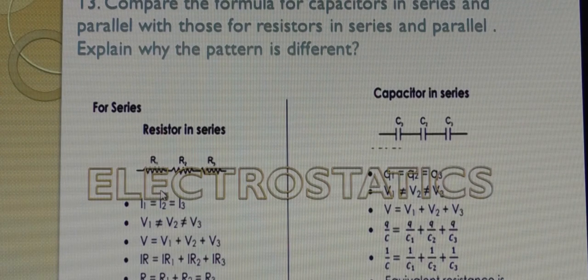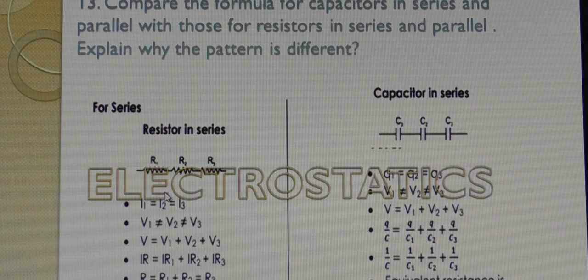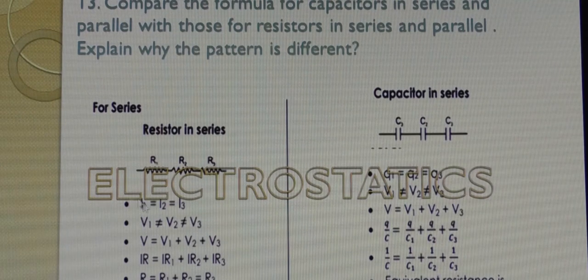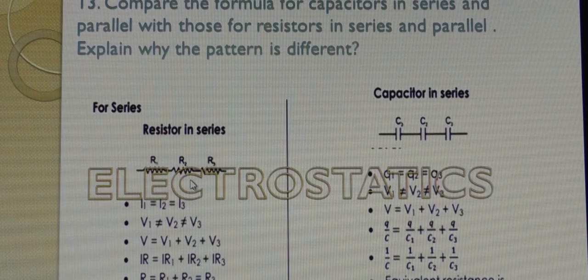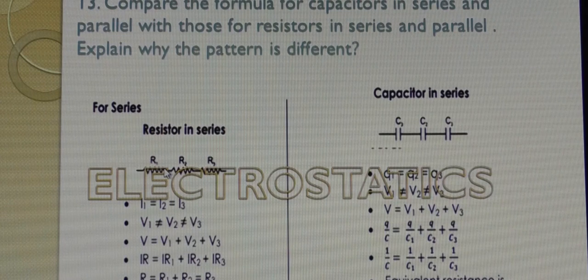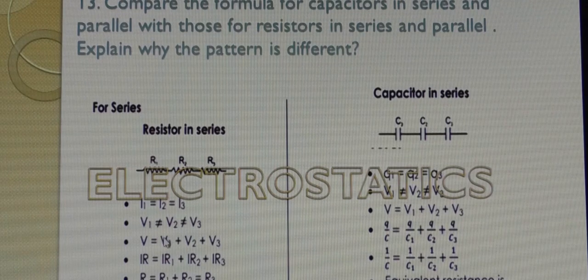All right. And we notice one thing: if this terminal of R1 is connected with the terminal of the battery, say the positive terminal, then here is positive, negative, positive, negative, and vice versa. Different terminals of resistors are connected with positive as well as negative terminals of the battery, so there is a change in the potential difference.